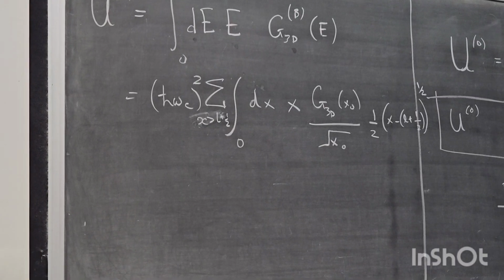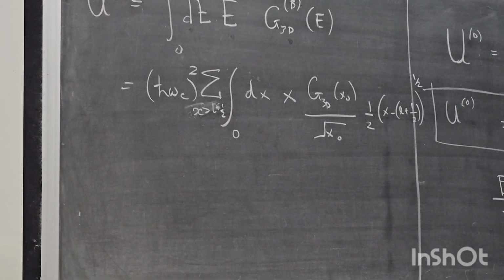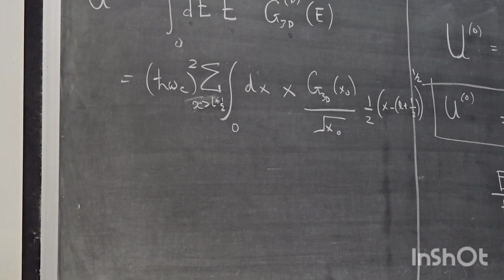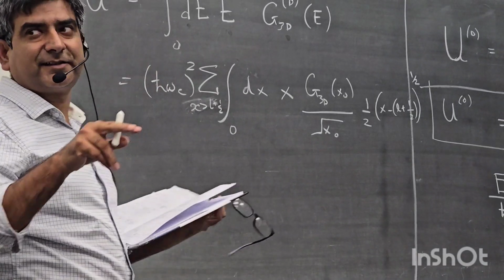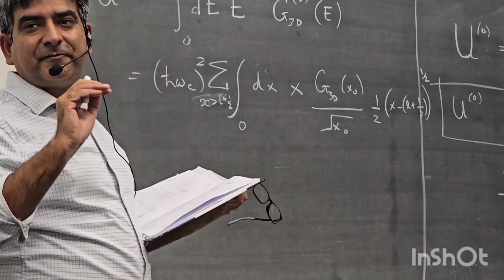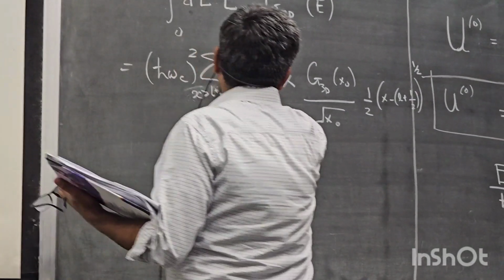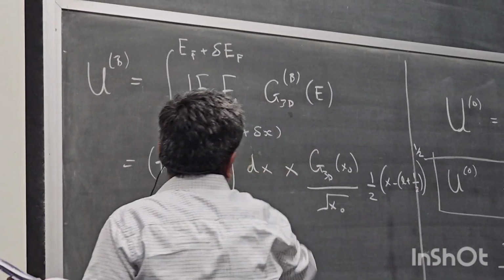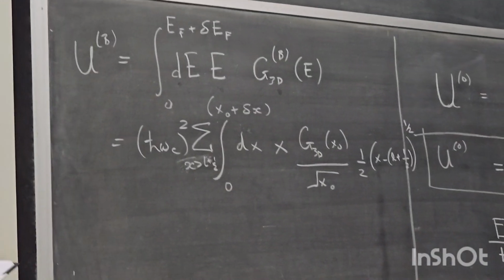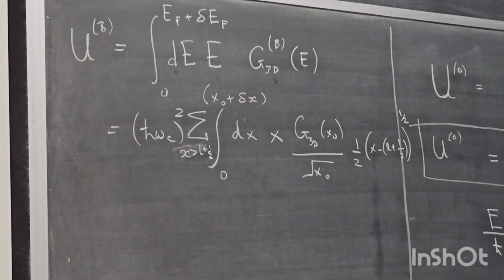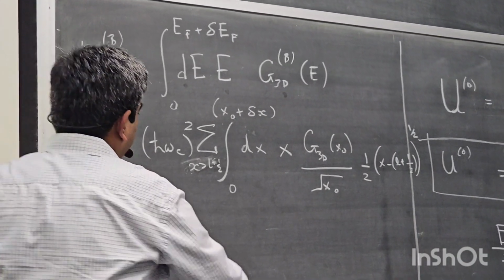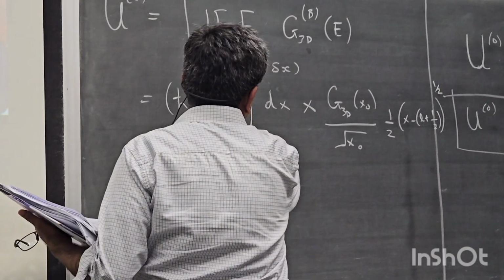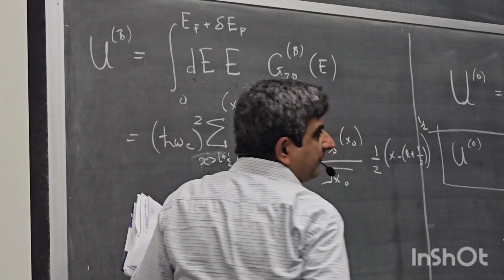Everything is now in terms of x. What should I have at the upper limit? x naught plus delta x, because the Fermi level has now changed. So I need an x naught plus delta x. Okay, so this is what we need to calculate. I can put either this condition or the Heaviside function.